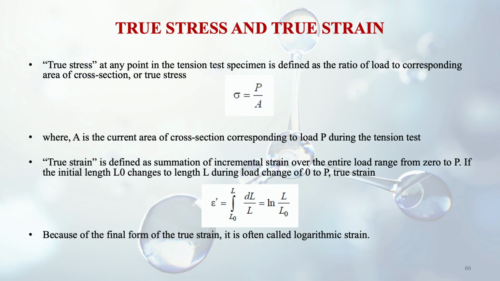Change is taking place slowly, but it is taking place, and we have to record all those things when we are talking of true stress and true strain. Because of the final form of the true strain, it is also known as logarithmic strain.